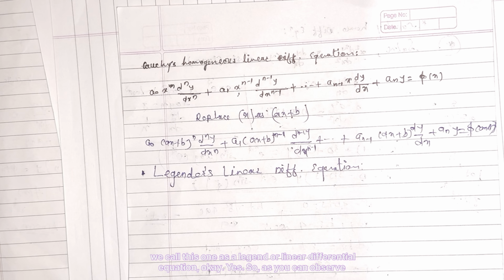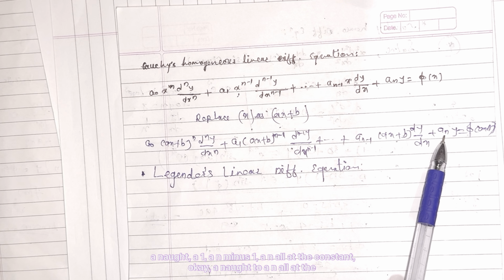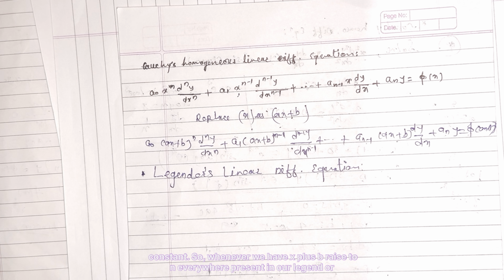As you can observe, a naught, a1, up to an minus 1, an, are all constants.